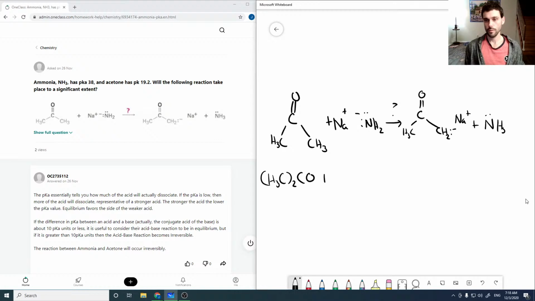H3C2CO plus Na plus. Actually, I'm just going to get rid of the Na pluses because they're floating around on both sides, and that kind of just makes things more tricky. So it's really asking, does this occur?